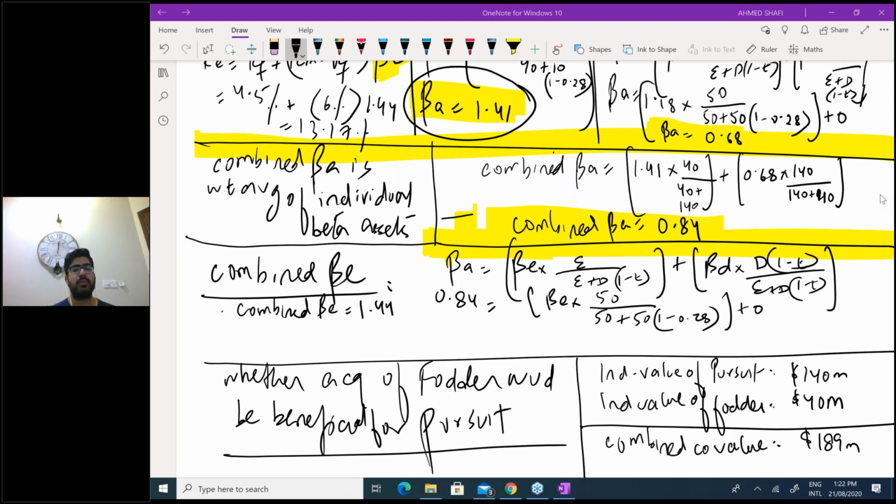Market value is always both equity and debt. I will do it after class. I can't do it in between the class. Don't worry.